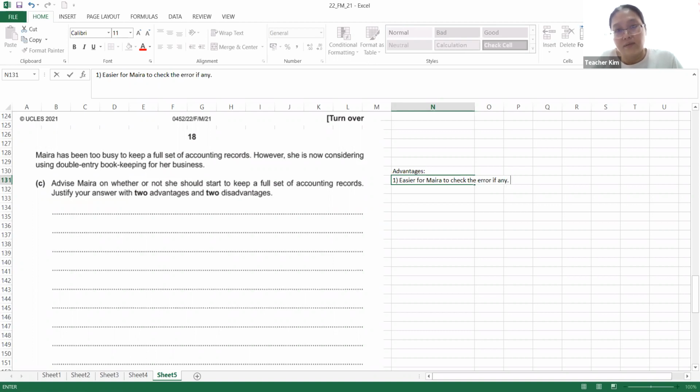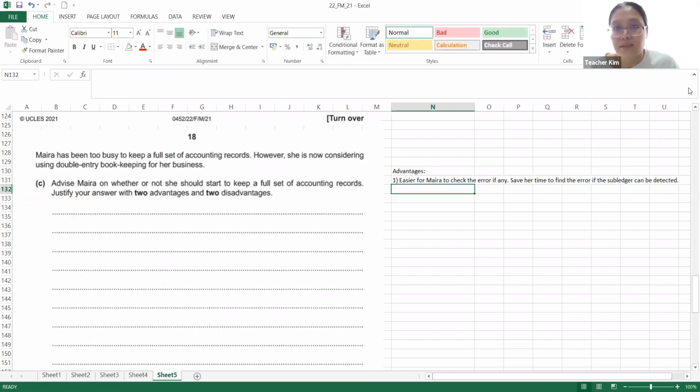So it saves her time to find the error, as the subledger can be detected. Understand what is called subledger? Subledger means your sales ledger, purchases ledger, and the general ledger, cash book, and petty cash book. So this is your ledger, can be easier to detect.